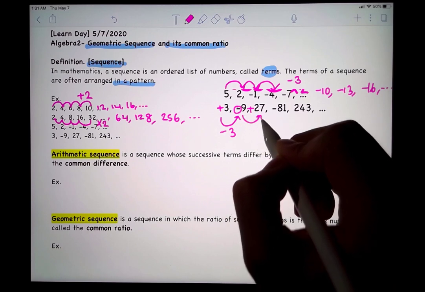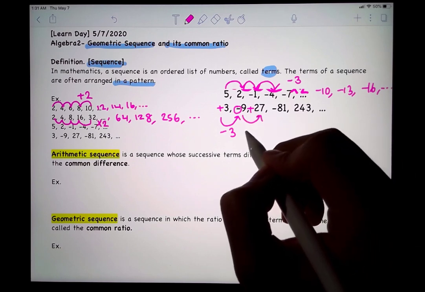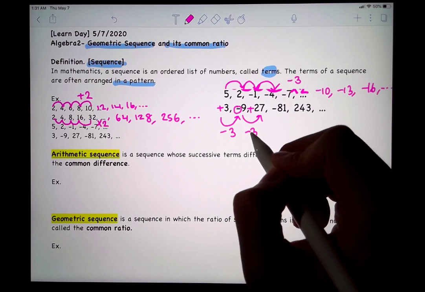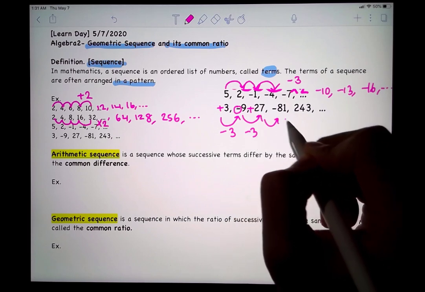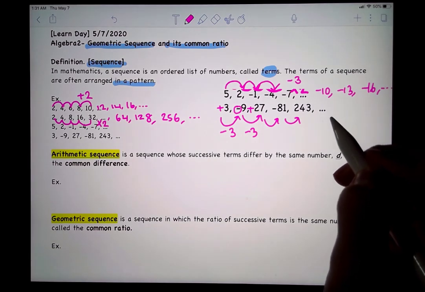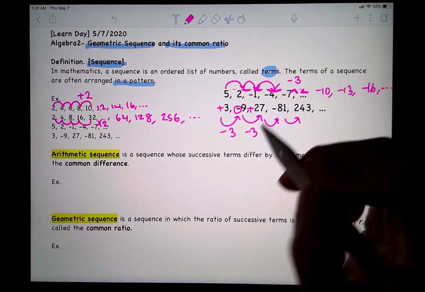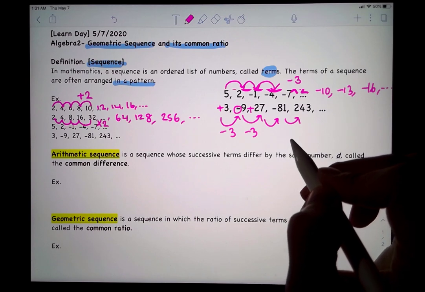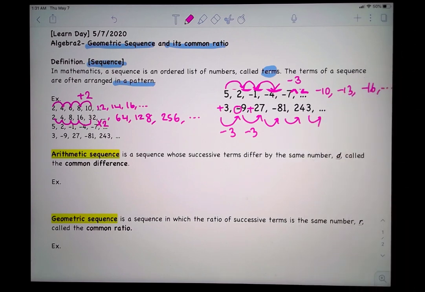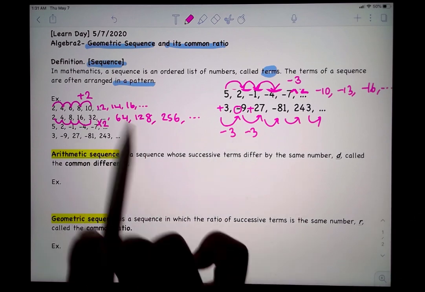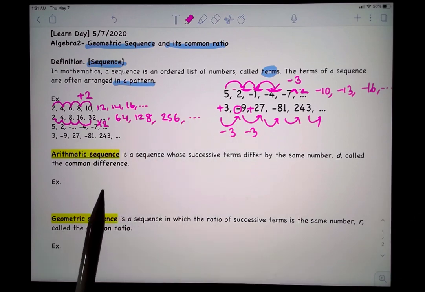Negative 9 to positive 27, you multiply by -3, negative 9 times negative 3 gives positive 27, right? So you keep doing this. So this is also a sequence, and your pattern is multiplying by -3. The next number will be a big number, so I'm not going to find the 3 terms for this. You can use your calculator. All right, so we did those things.